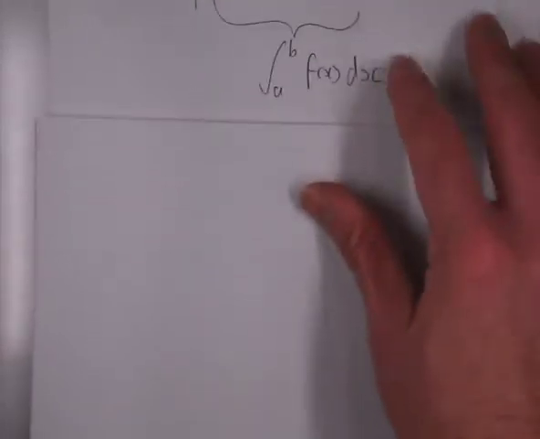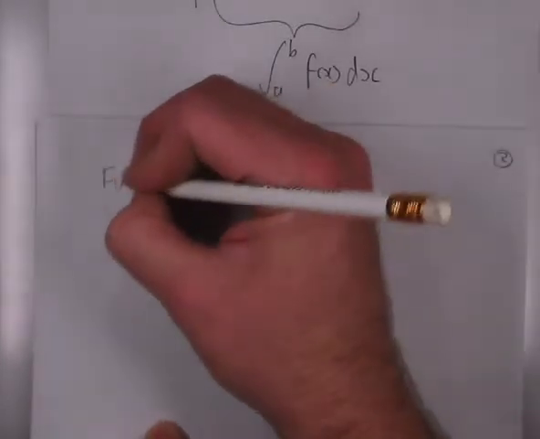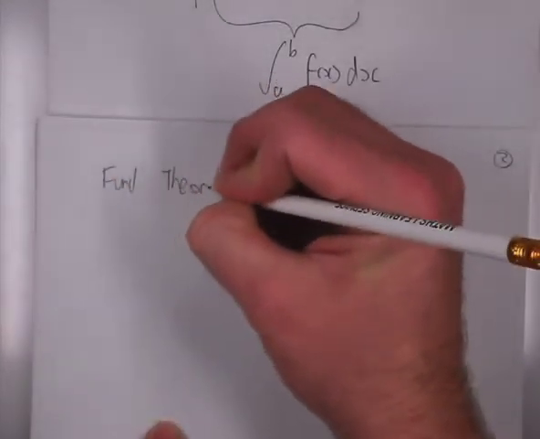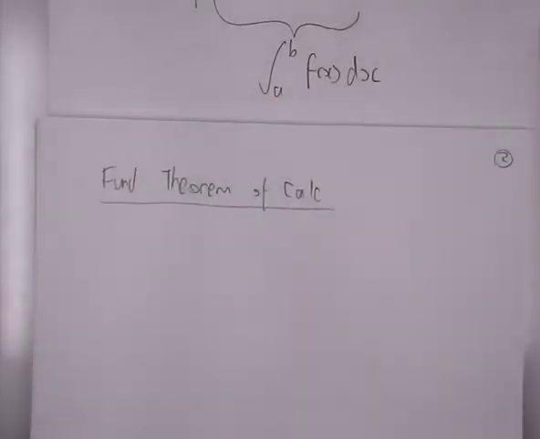But the fundamental theorem of calculus says that it doesn't just find areas, it's the opposite of differentiation. That's what the fundamental theorem of calculus says. So the fundamental theorem of calculus says that if you want to find one of these areas, then what you need to do is find something that differentiates to give the function that you have.